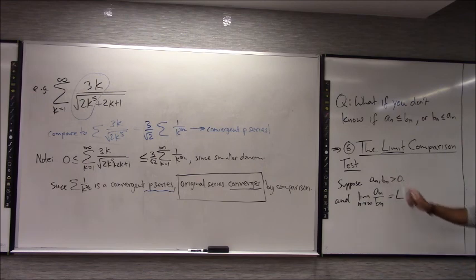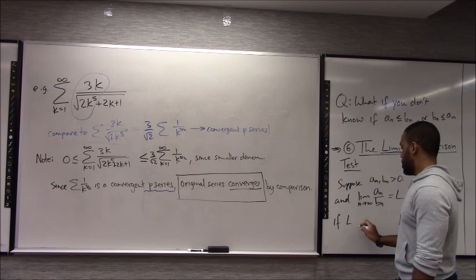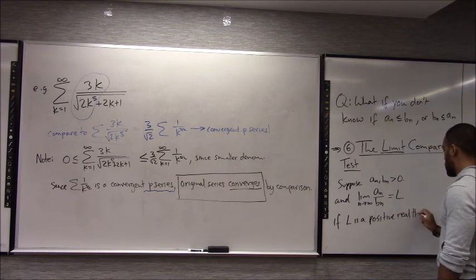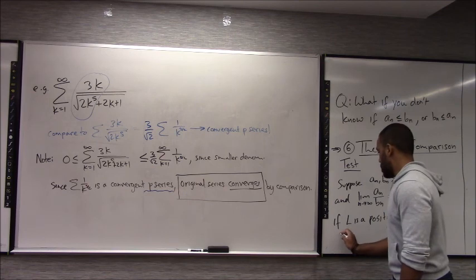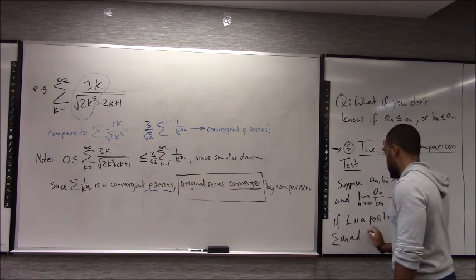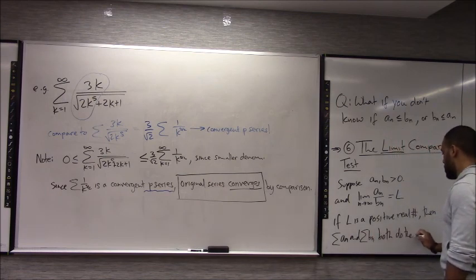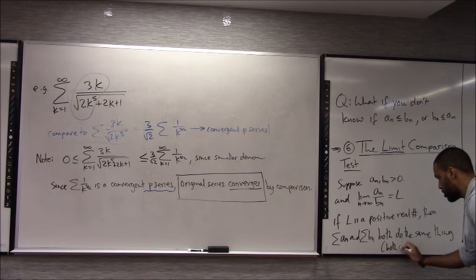So you have two sequences, you divide them, and you take the limit as you approach infinity, and the answer is L. Then, if L is a positive real number, then what you'll be able to say is that the series of a_n and the series of b_n both do the same thing, in the sense that they'll either both converge or both will diverge.